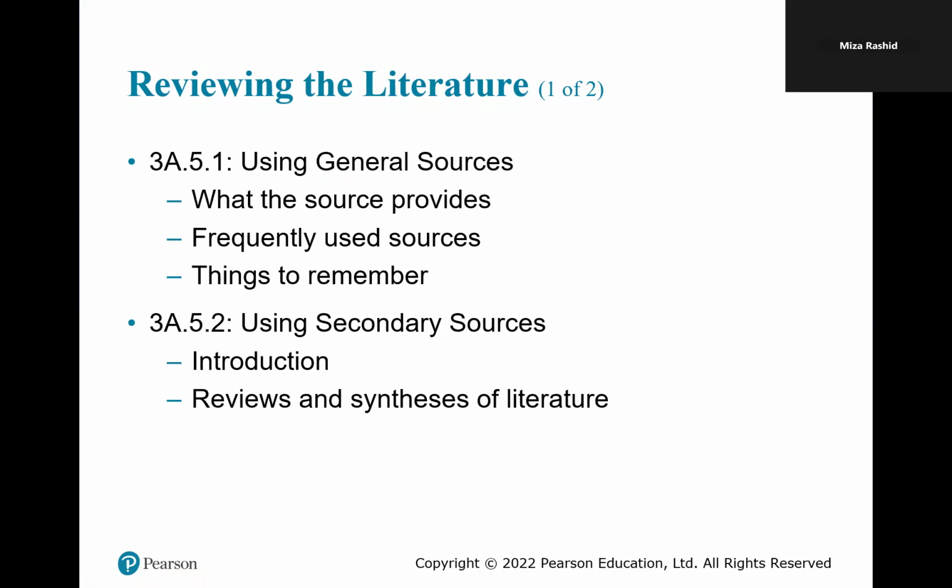This could be as simple as discussion during classroom sessions, discussion with friends, and of course any other exposure that you have, such as the textbooks that you have, the newspapers that you read, the radio that you listen to. So this is basically the general sources.